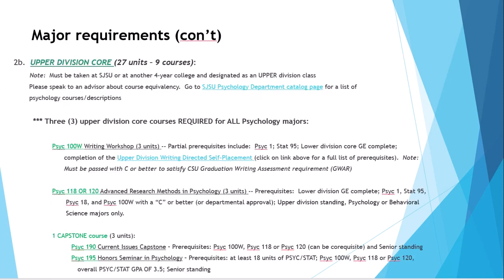So those are the lower division classes, the blue classes that are marked in the figure, and also the major support course Biology 21 or 65.